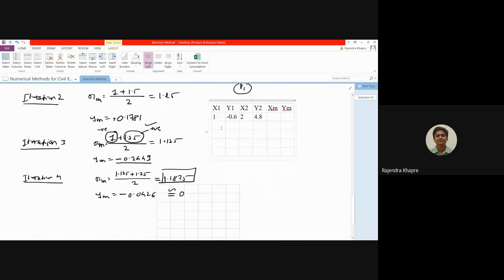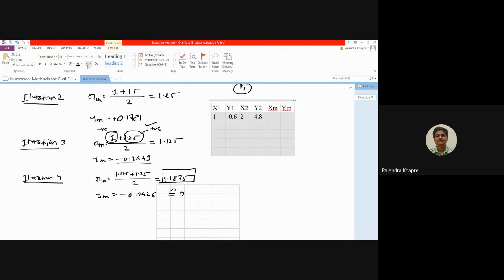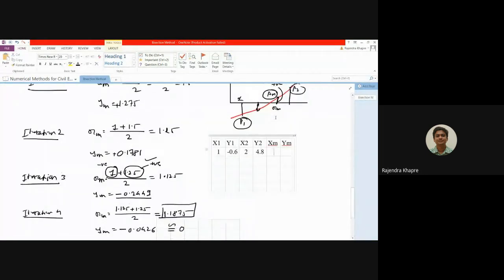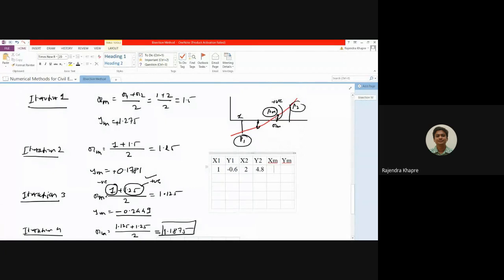Now this can be easily done with the help of your table. Let me show you the xm value. When for the first time we went for the bisection between 1 and 2, the xm value was 1.5 and the corresponding ym value was positive, 1.275. Let me write down the values of y with sign, that will be better.